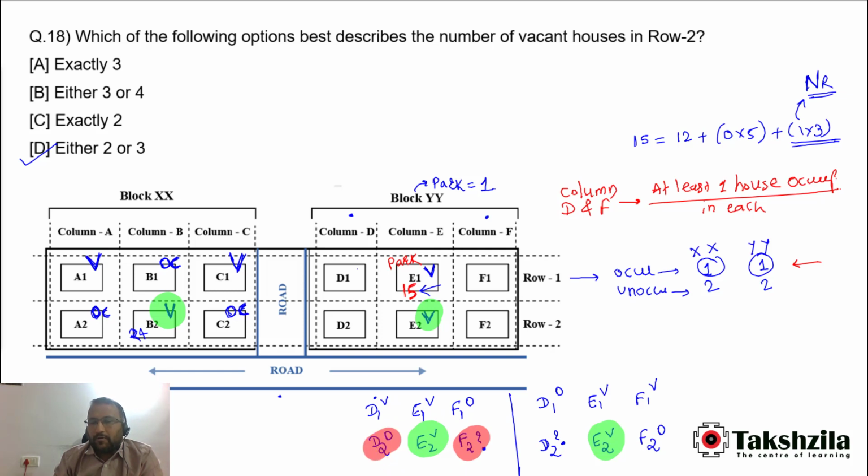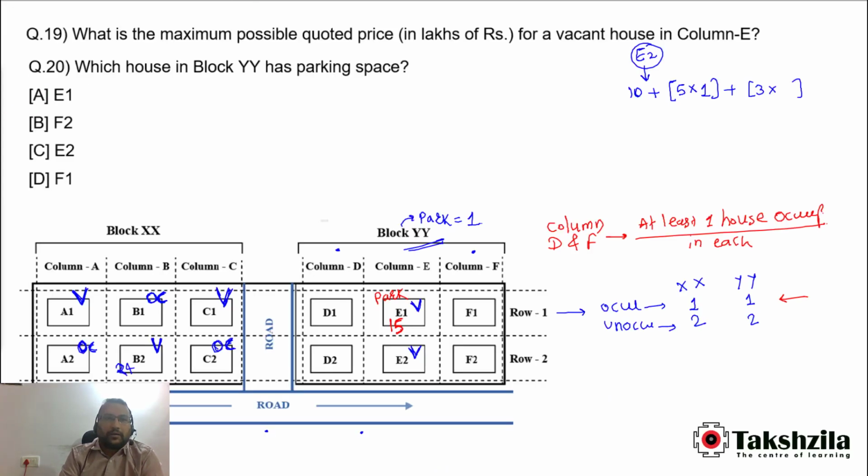The maximum number of occupied neighbors is 2 here. So the neighbor adjacency is going to be 2 over here. So the maximum possible quoted price for E2 becomes 10 plus 5 plus 6, which is equal to 21 lakhs. That is the answer of this question.